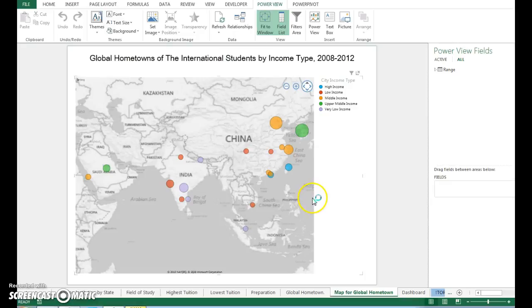As you can see from this map, each bubble is in a different color by city income type. The bigger the bubble is, the more students are from that place.